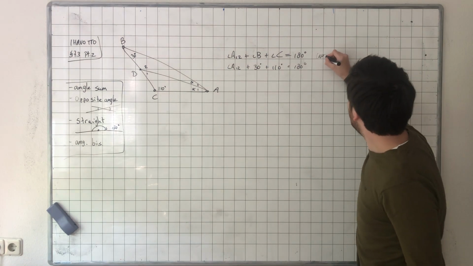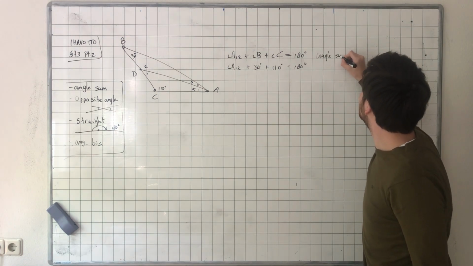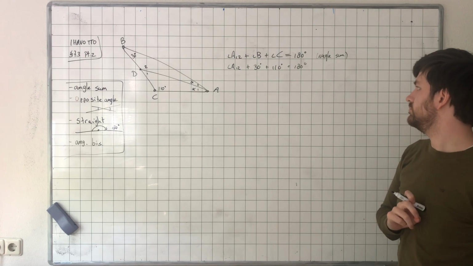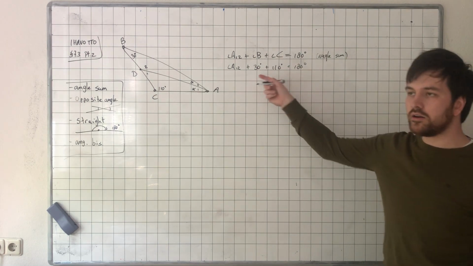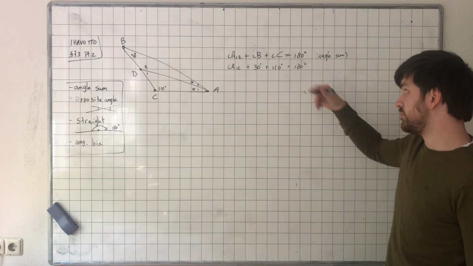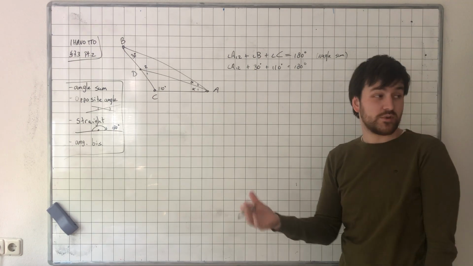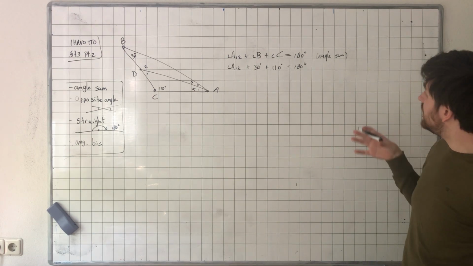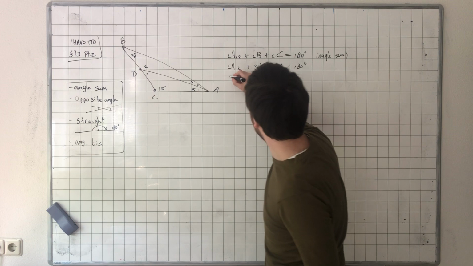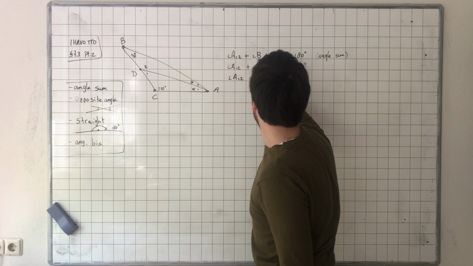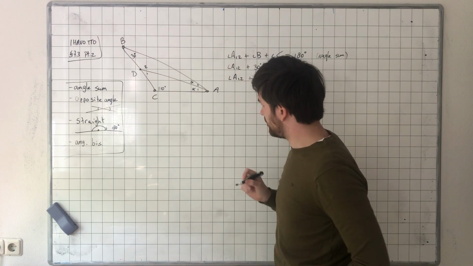This is because of the angle sum. These two things together are already 140 degrees. You want to get to 180, which means that you need an additional 40 degrees. So angle A12 is 40 degrees.